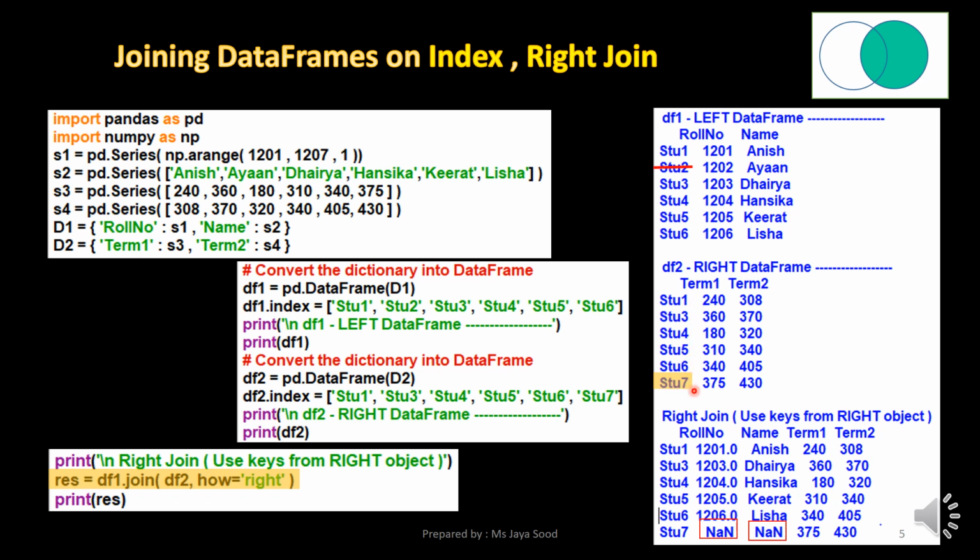The index stu7 is not present in the other data frame. Therefore, the row with index stu7 will have the value NaN for roll number and the value NaN for name in its row. Also note that the index stu2, which is not present in the right data frame, is not included in the result.